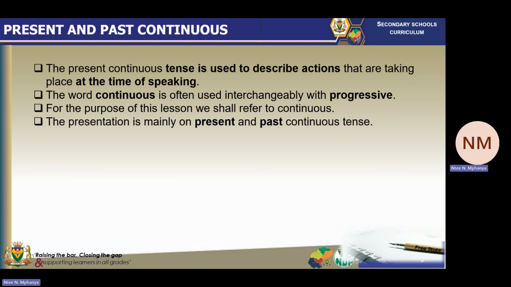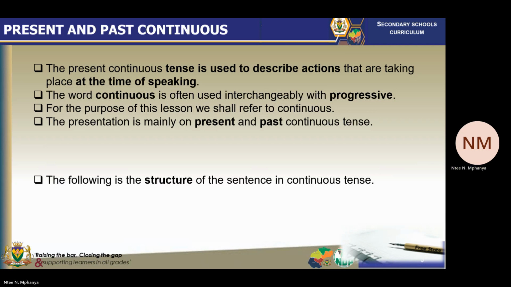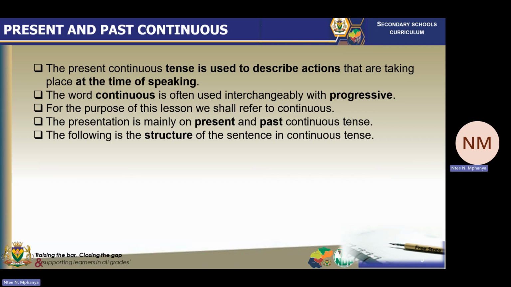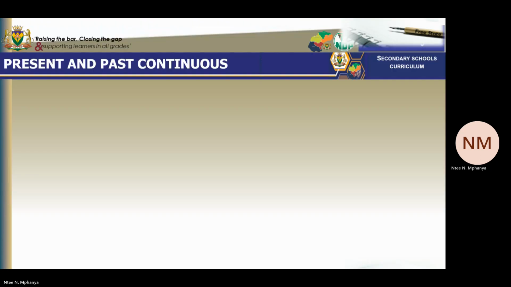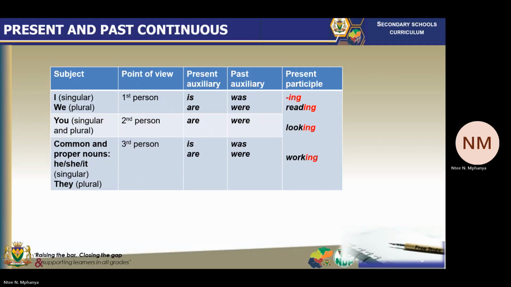This presentation is mainly on present and past continuous tenses. The following is the structure of the sentence in continuous tense. Right, the first column is the subject in the sentence. The second column is the person's point of view.